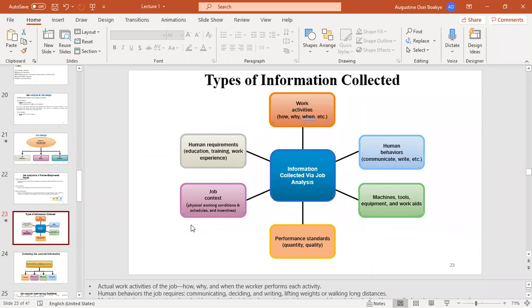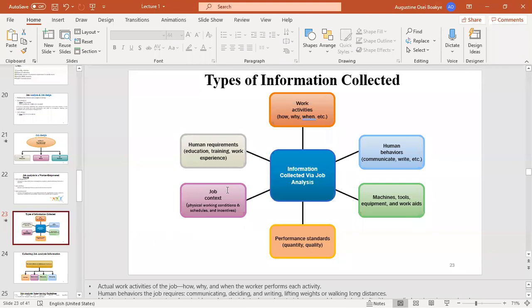Now, back to job analysis. What are the types of information that the job analyst collects in order to prepare the job description and the job specification? Depending on the nature of the job that is performed and the rudiments it comes with, the information can even go beyond the one you are currently finding on your screen.